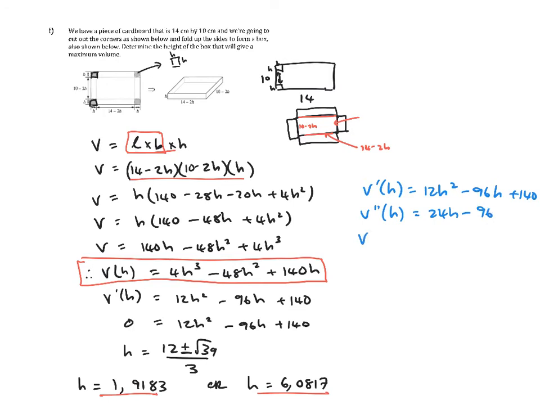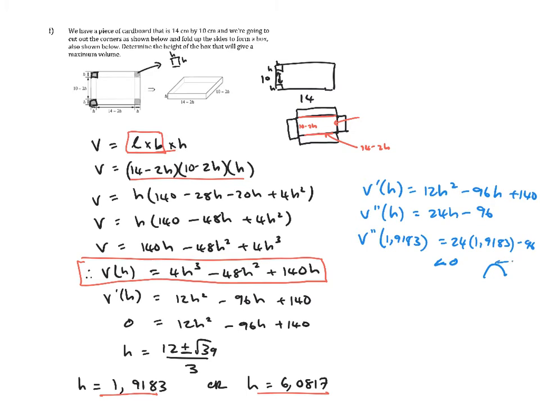If you substitute 1.9183 into there, you're going to get 24 times 1.9183 minus 96. For example, if that was 2, then that would have been 48. So it's going to be less than 48. Minus 96, that is going to be less than 0, right? You're going to get a negative answer there. Less than 0 means it's concave down.